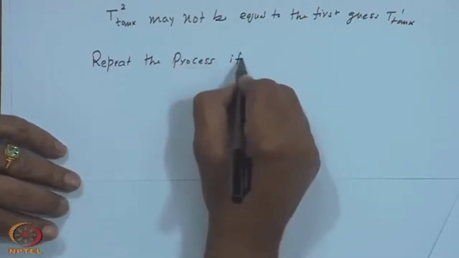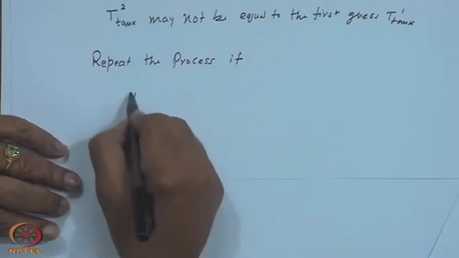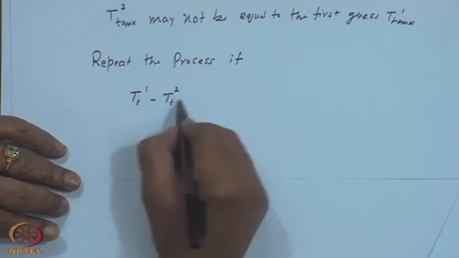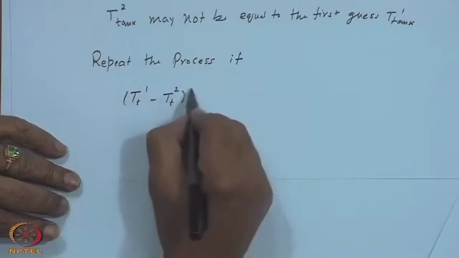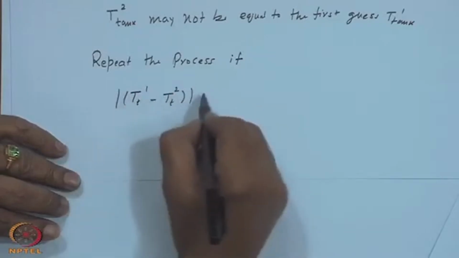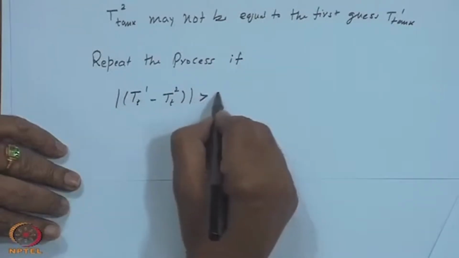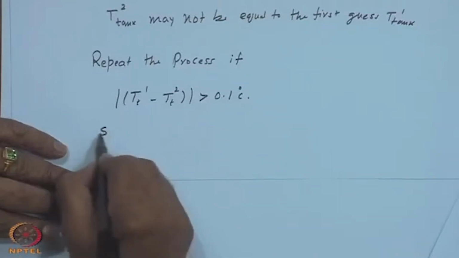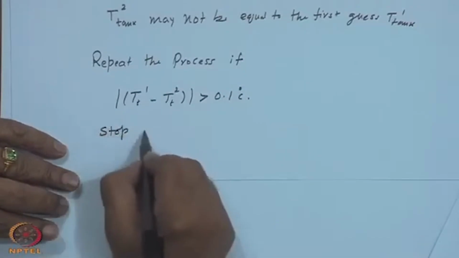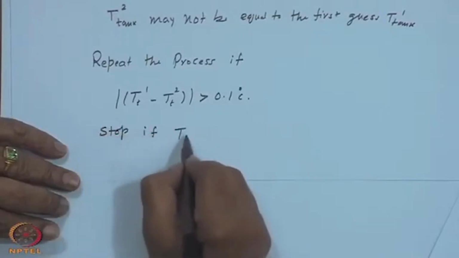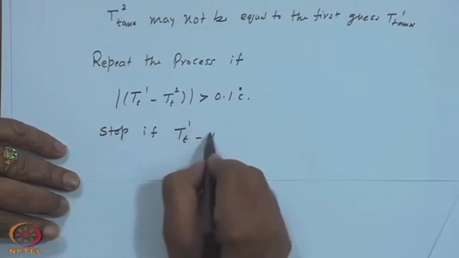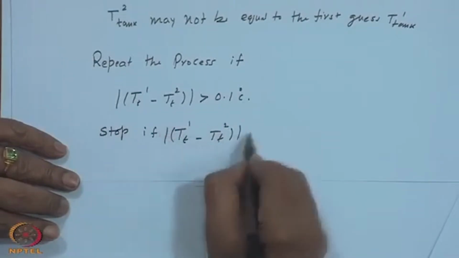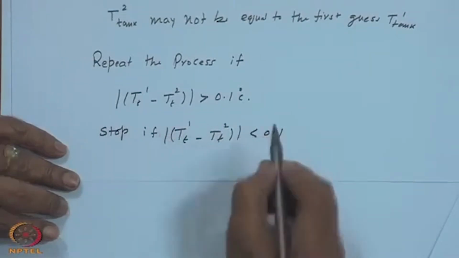If the modulus of T tank 1 minus T tank 2 is, let us say, greater than 0.1 degree C, continue, or stop if T tank 1 minus T tank 2 mod is less than 0.1.